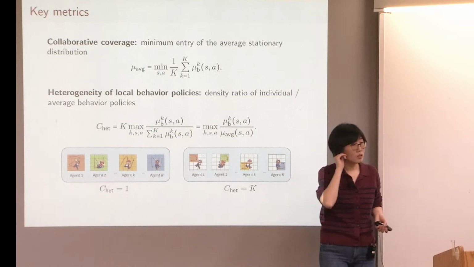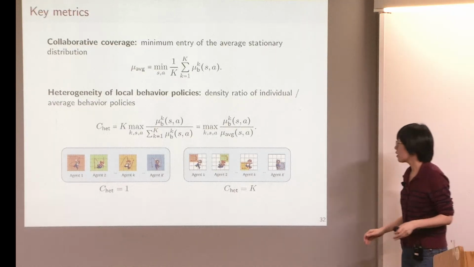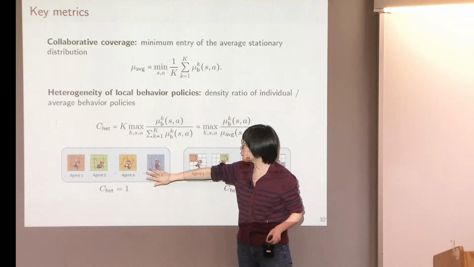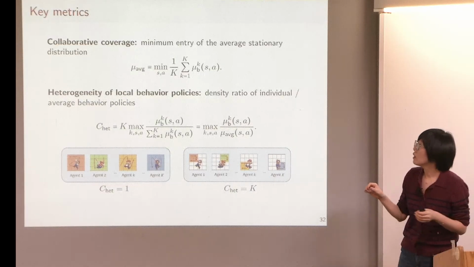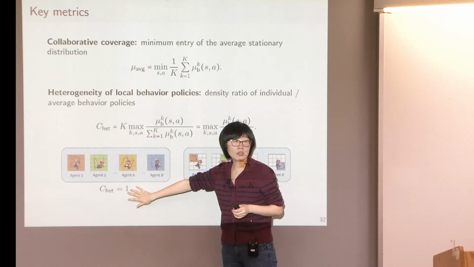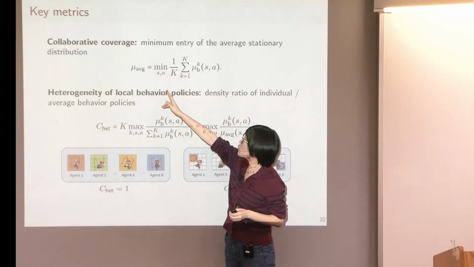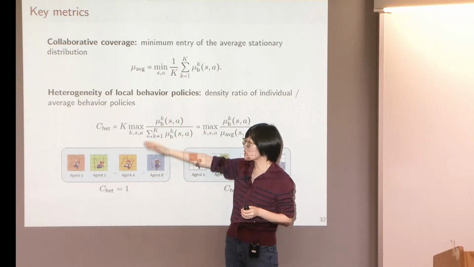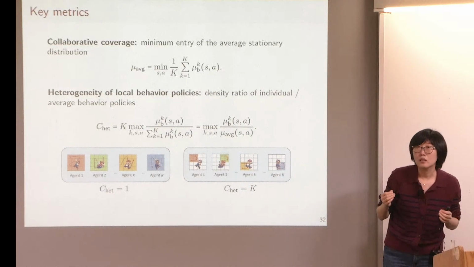Naturally, there are two extreme situations. In the first situation, if all the agents have the same behavior policy, then the heterogeneity parameter will just be 1. And requiring, say, the mu average to be greater than 0 is the same as requiring every agent covers the entire state action space.